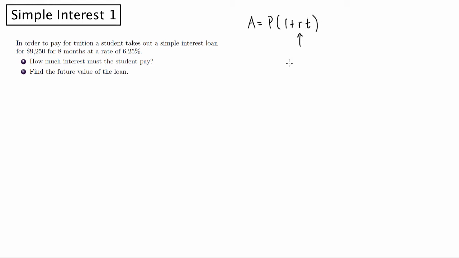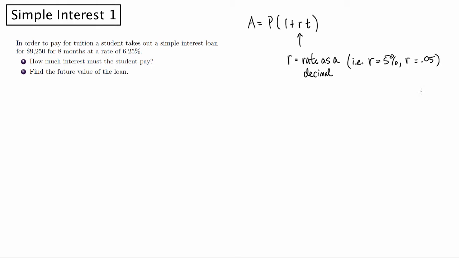A couple of things about the formula. The rate R is the rate as a decimal, but it's going to represent a percentage. So for example, if R is 5%, then the value that you would put into the formula would be R equal to 0.05.